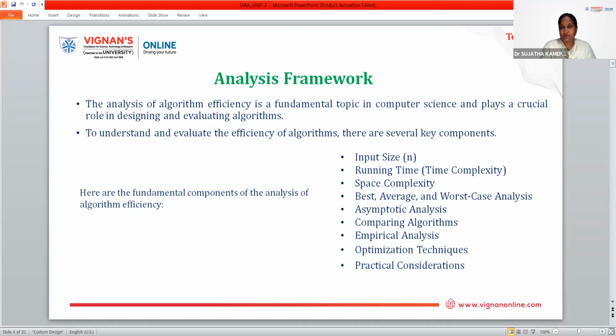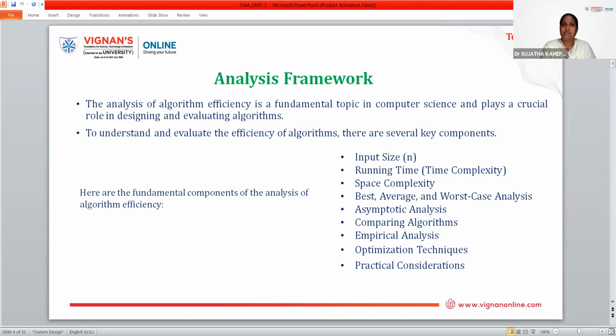First and foremost, we are going to discuss input size n. The size of the input to the algorithm is a critical factor in analyzing its efficiency. In many cases, the efficiency of an algorithm depends on the size of the input data, denoted as n. For example, in sorting algorithms, n would represent the number of elements to be sorted.